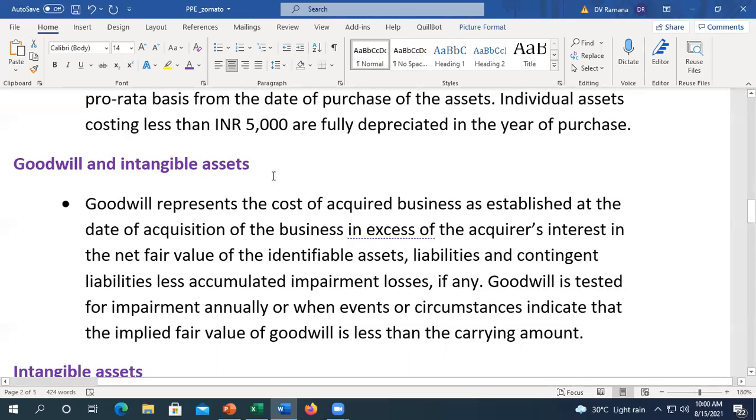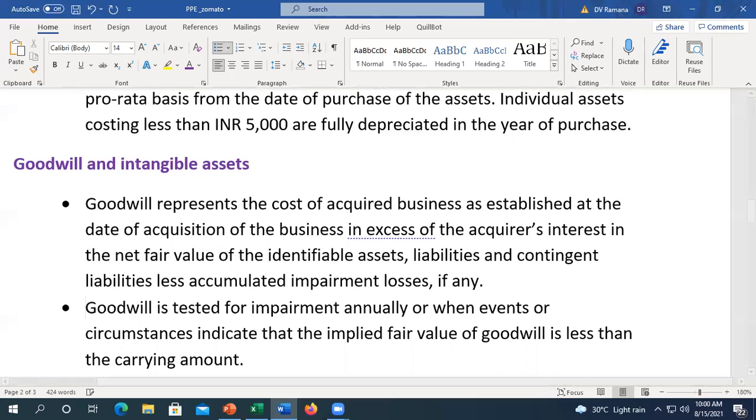Normally goodwill is tested at the end of every year for impairment. Impairment means comparing the value written on the books, that is the book value, with the possible market value or fair value.